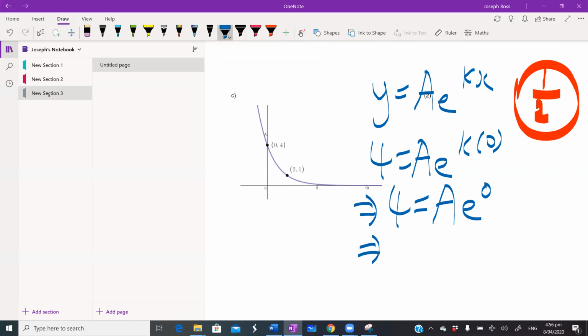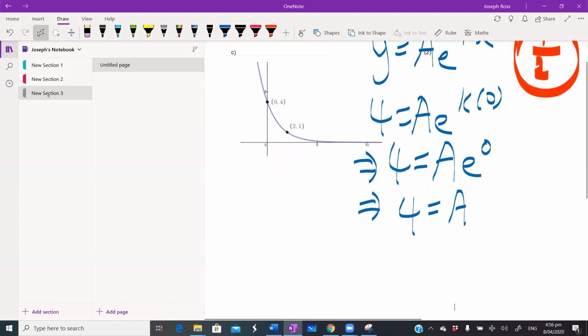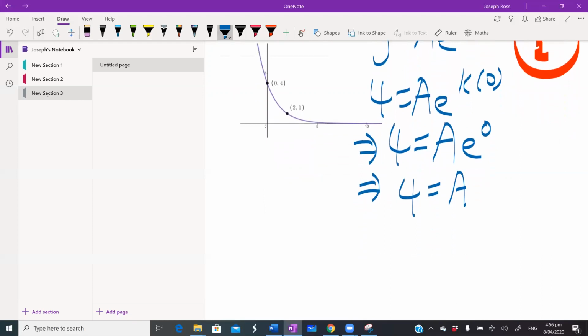And therefore we've got 4 equals a times e to the 0, but e to the 0 is 1, and we don't need to write in a times 1. So far we have got the value of a, which is 4, and our equation so far is y equals 4e to the kx.